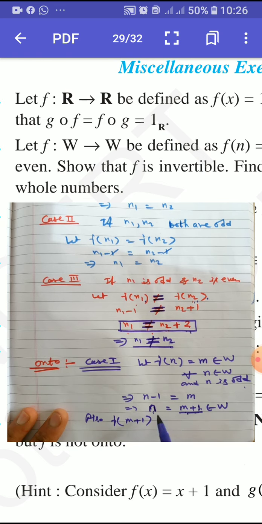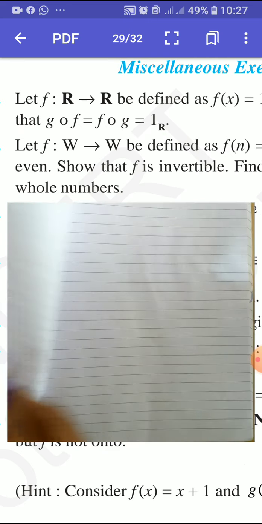If you are putting n equal to m plus 1, since n is odd, m is even, so m plus 1 equal to odd. You will put in the odd case, you will get m plus 1 minus 1 equal to m belong to whole number, right? It indicates that every codomain is the range in this case.